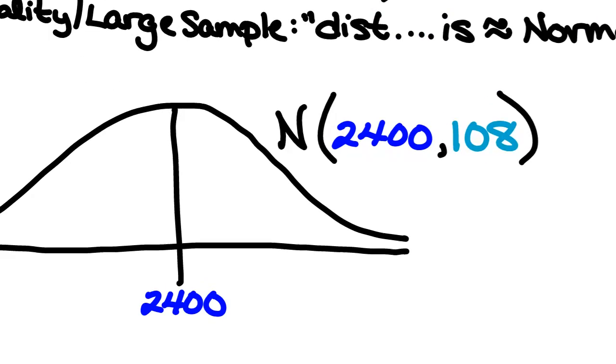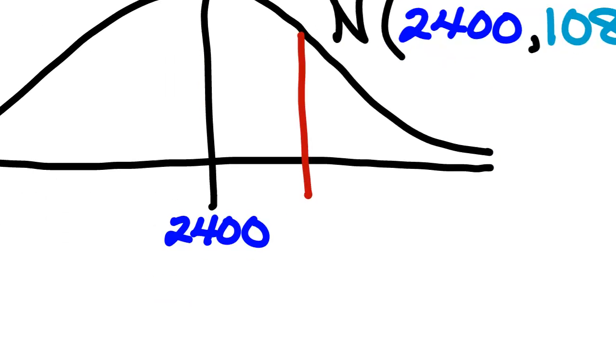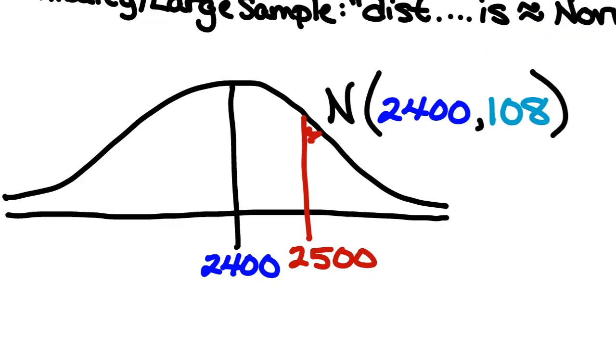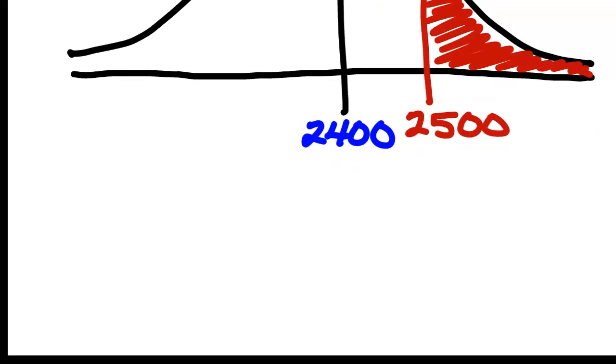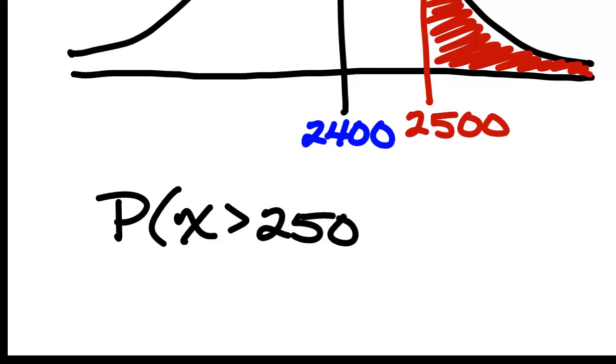We want to know the probability that we exceed 2,500 pounds. So the probability that X is greater than 2,500 is equal to, how do I do this?